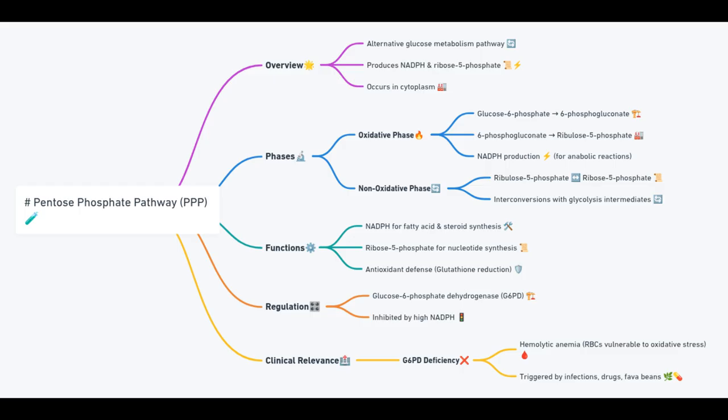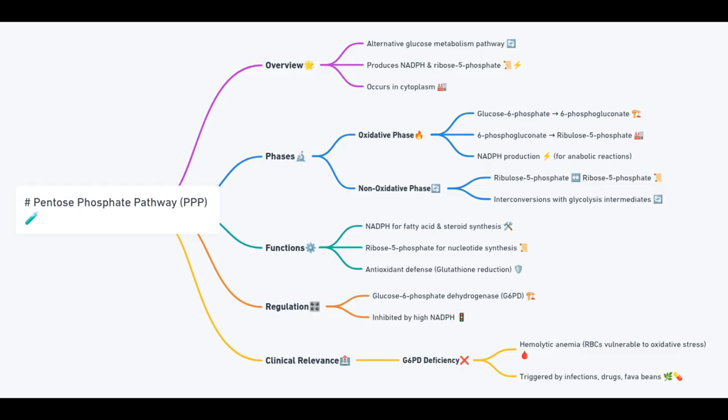So the non-oxidative phase begins with the conversion of ribulose 5-phosphate to ribose 5-phosphate by ribose 5-phosphate isomerase, or to xylulose 5-phosphate by ribulose 5-phosphate epimerase. During the remaining reactions of the pathway, transketolase and transaldolase catalyze the interconversion of trioses, pentoses, and hexoses.